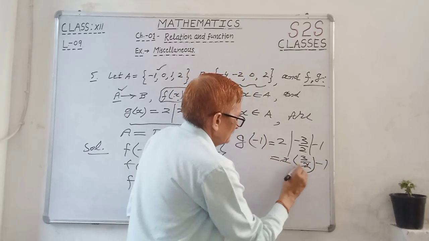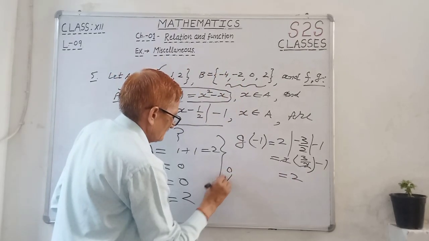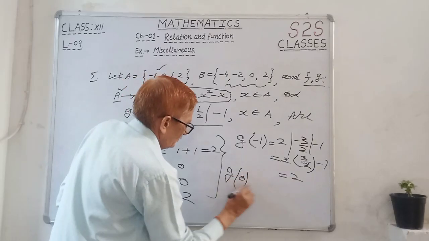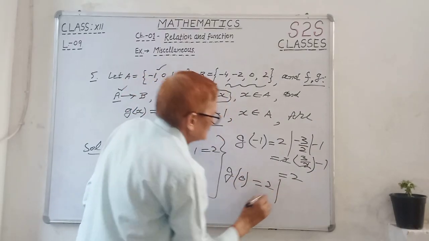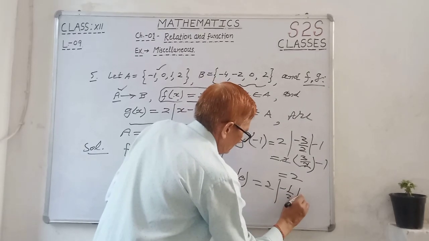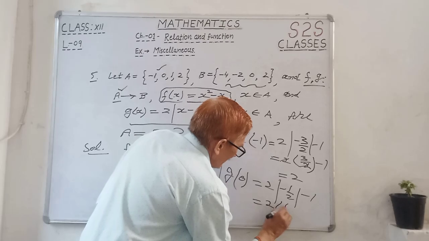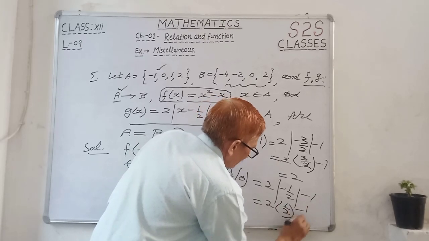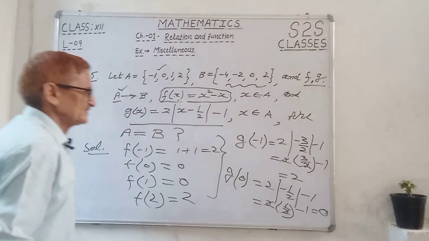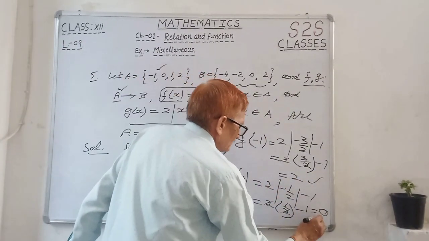The 2s cancel, 3 minus 1 is equal to 2. This is 2. Then the second element we are taking is 0. If x is 0, then 2 times modulus of 0 minus half, minus 1. Simplify: 2 times half minus 1, the 2s cancel, 1 minus 1 equals 0. Output 0. So output 2 and output 0.